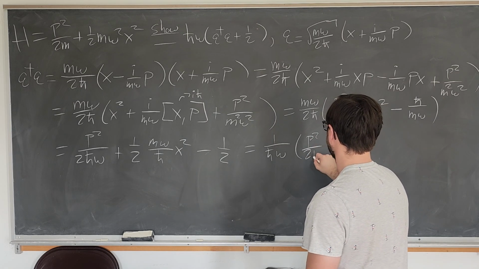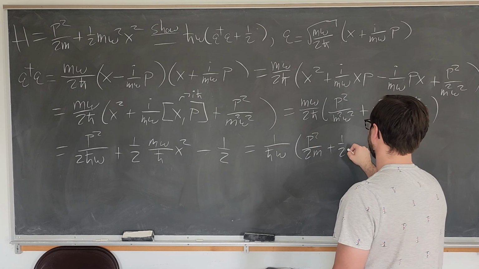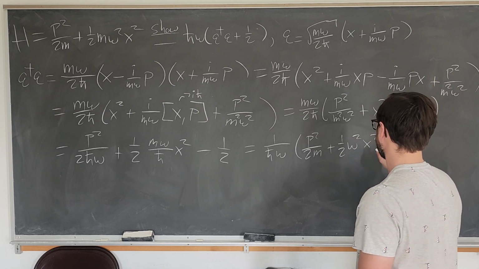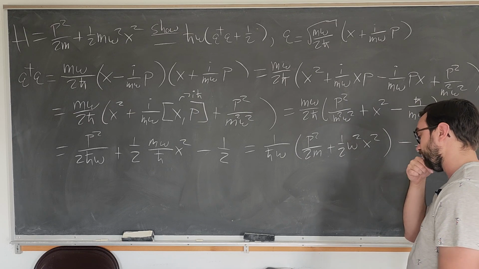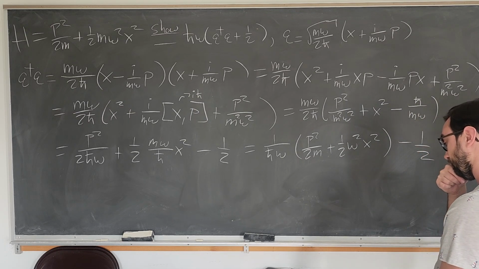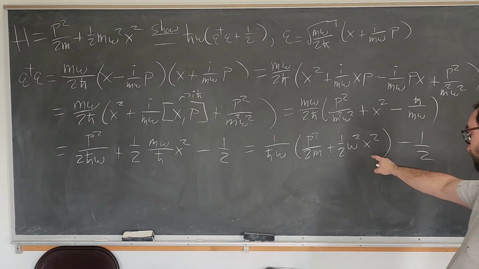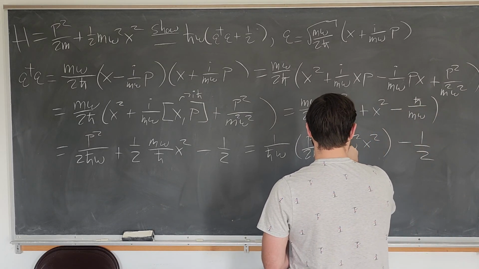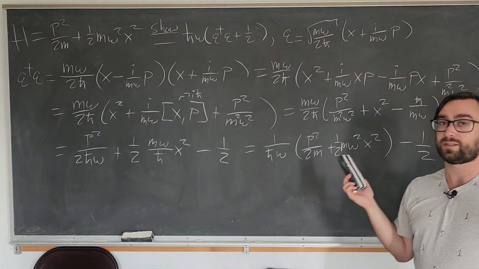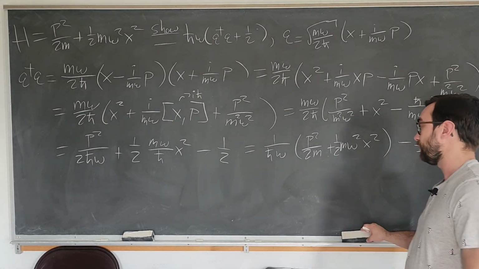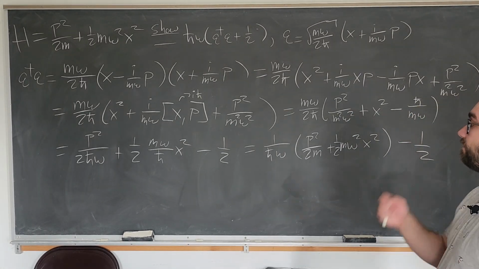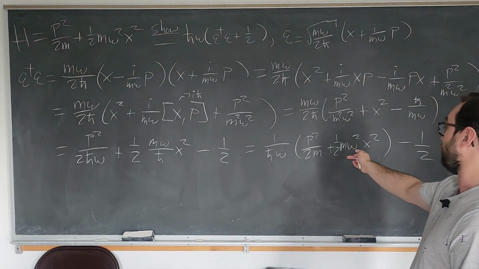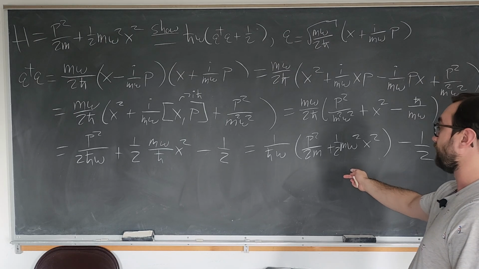P squared over 2m plus 1/2 m omega squared x squared minus 1/2. This should be right. Honestly, the constants and the simple multiplication are the things that always get me. Yep, you can check it yourself just by multiplying everything through.